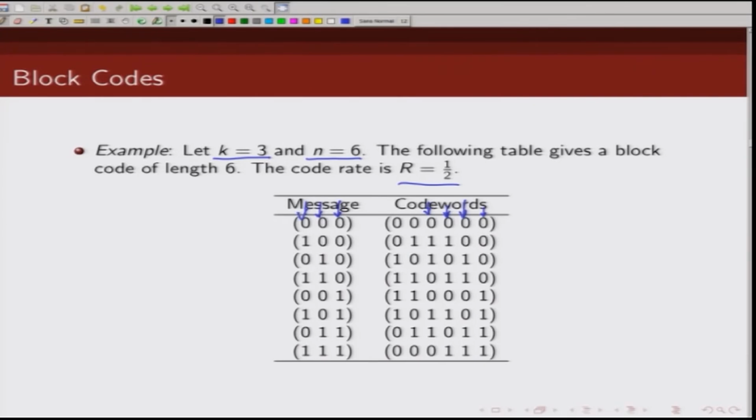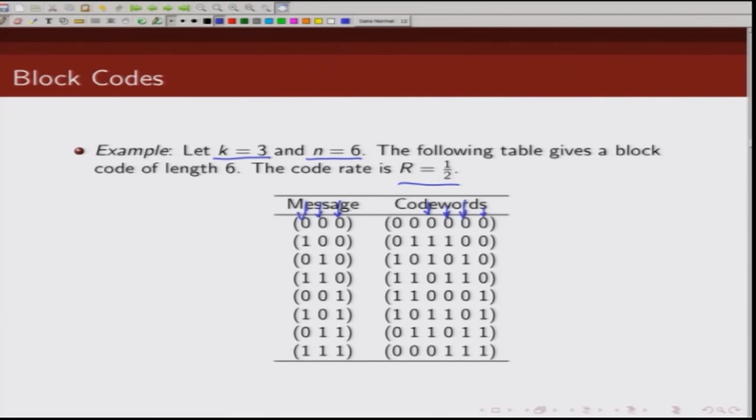So 0 plus 0 is 0, 0 plus 1 is 1, 1 plus 0 is 1, and 1 plus 1 is 0. It is modulo 2 addition. So 1 plus 1 is 0, 0 plus 0 is 0, 1 plus 0 is 1, 0 plus 1 is 1, and 1 plus 1 is 0.